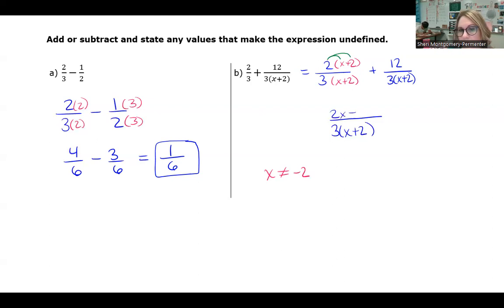So I get 2x plus 4 plus 12. I can combine like terms. I can put the 4 and the 12 together. What is the last step in our directions?